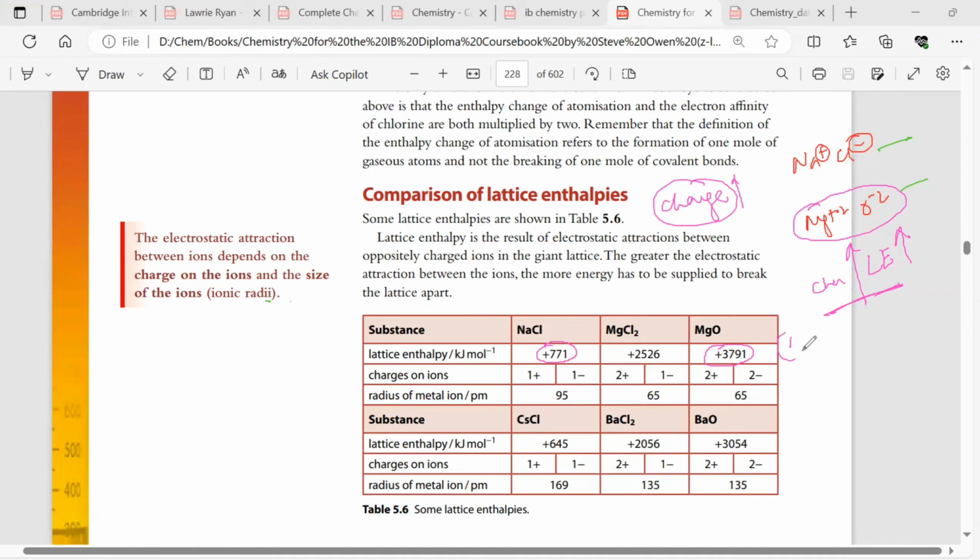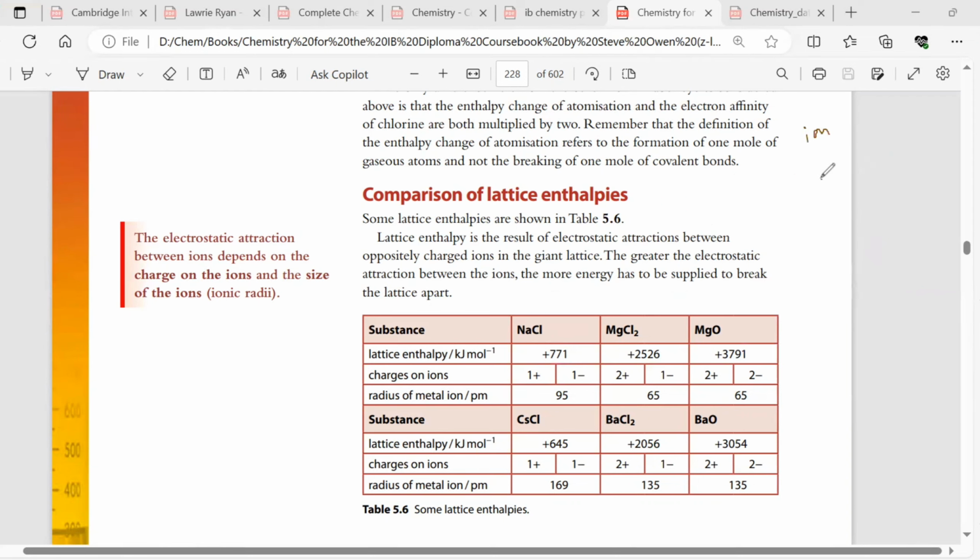First is the charge. Second, it will depend upon the size of the ion. Now how does it relate? Suppose we have a unit positive charge in a larger ion, and a unit positive charge in a smaller ion, A and B. Kavya, can you tell me where the charge concentration will be more, in A or B?